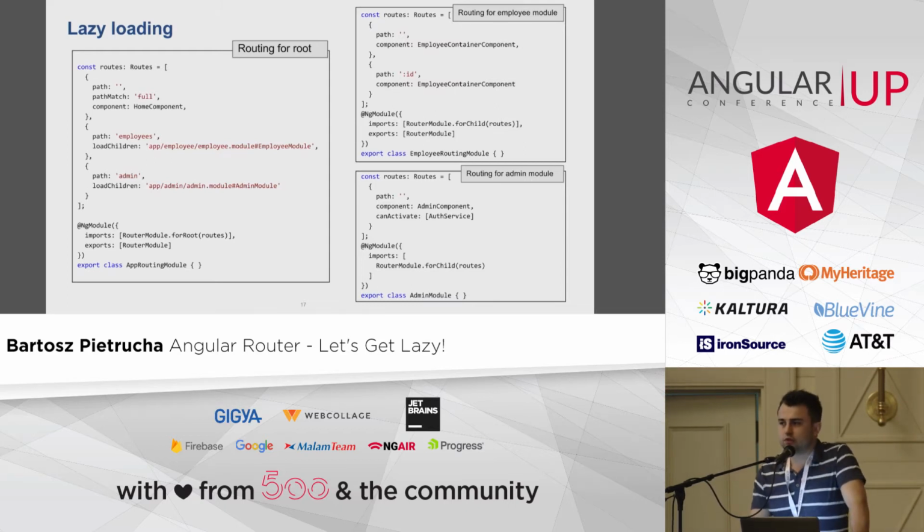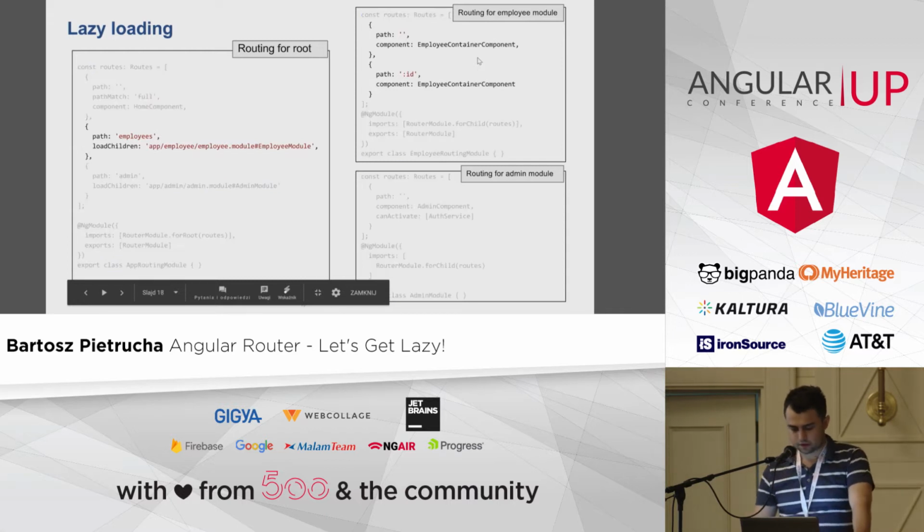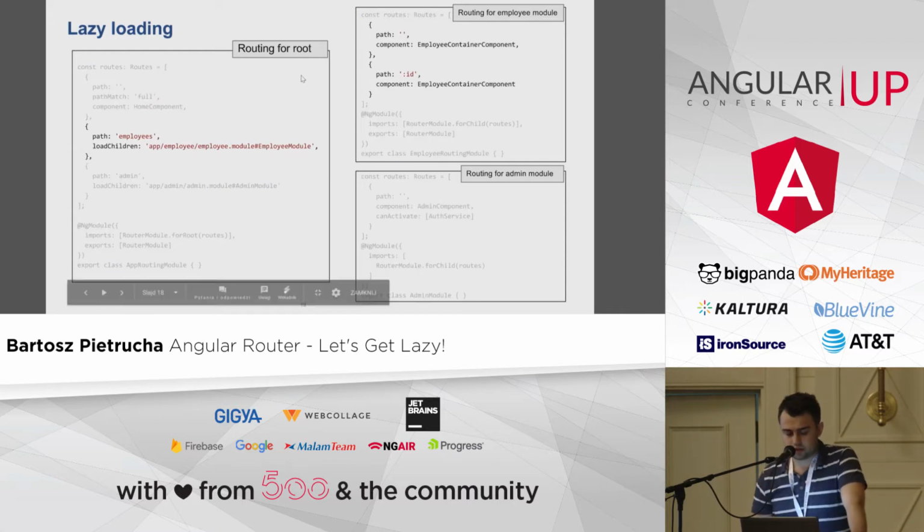So we need to adjust our configuration a little bit. As you see on the left-hand side, we have the routing for the root. And we need 2 more routing configurations for our lazy loaded modules. So first of all, we need to say that our employees module would be lazy loaded.